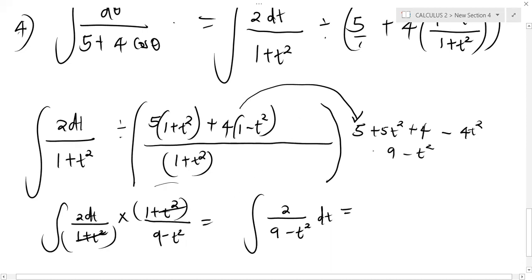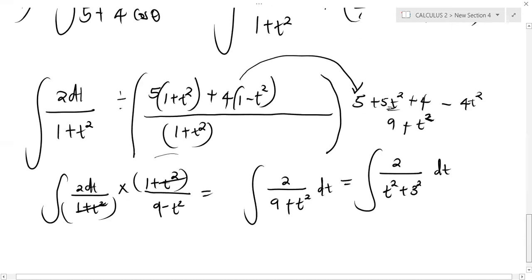Okay, fine, guys. So this is plus t squared. 5t squared minus 4t squared gives us plus t squared. So if I write this way, 2 over t squared plus 3 squared dt, then clearly it resembles this particular integral.